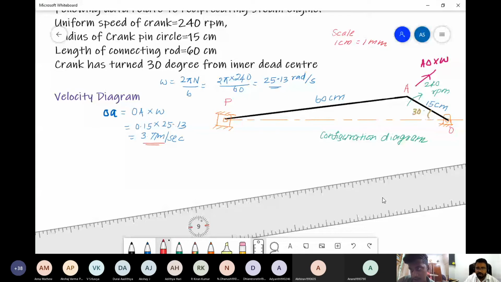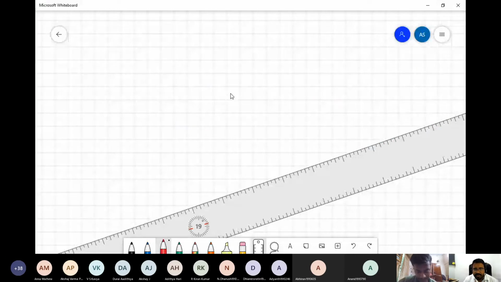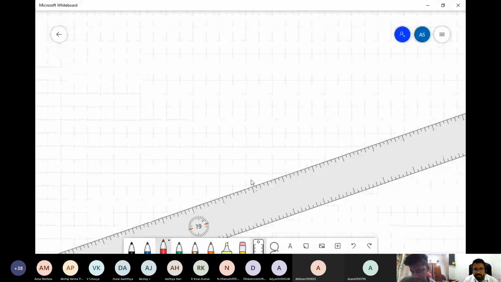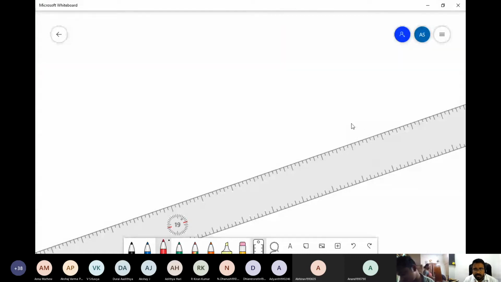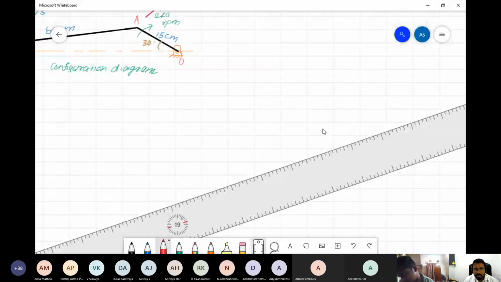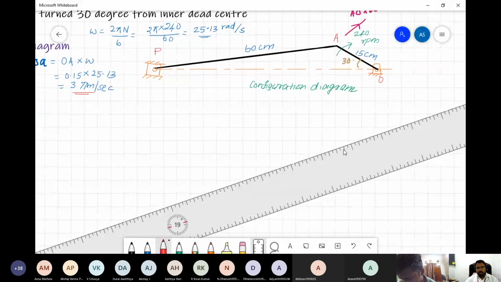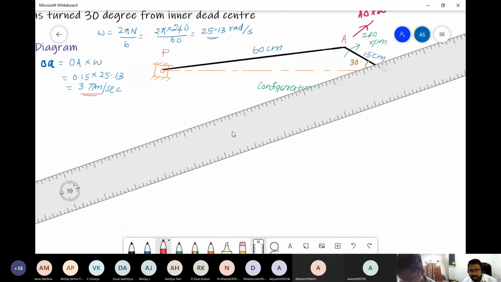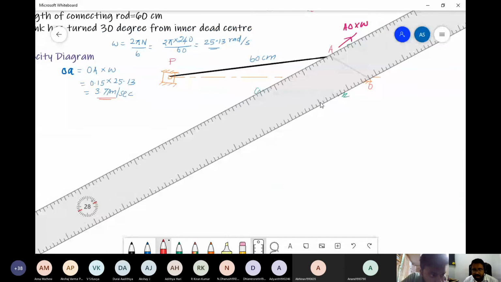Okay, so I'm going to draw it first. So what I will do is take the drafter. Make sure that you finish the diagram, everything, in a single sheet. We should make it perpendicular to it.